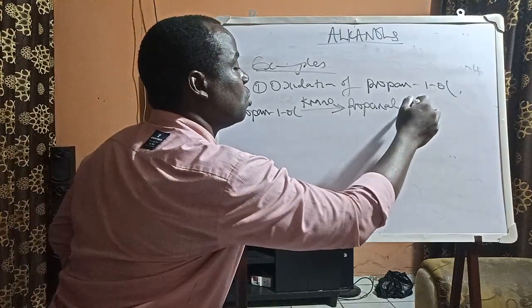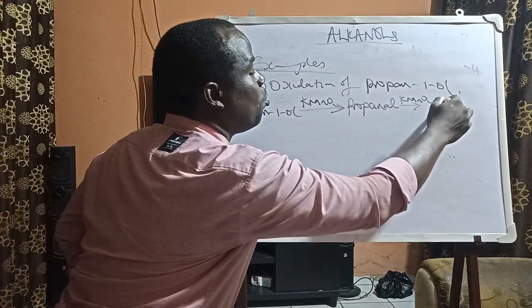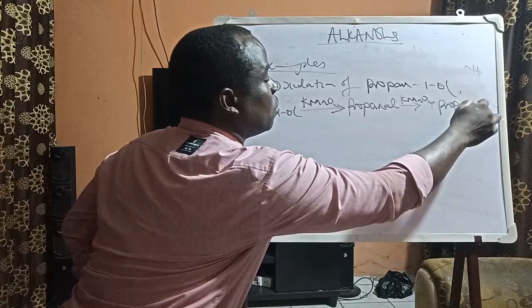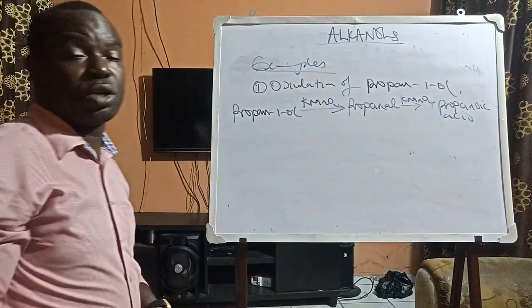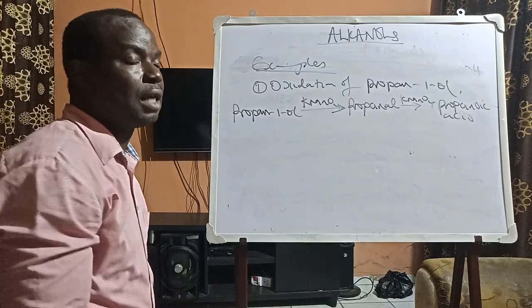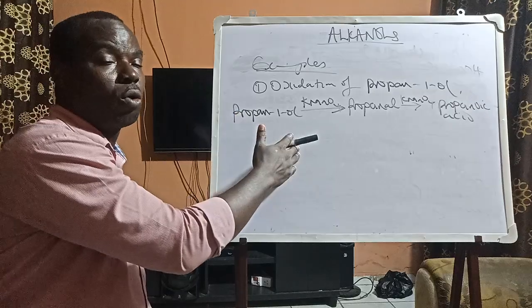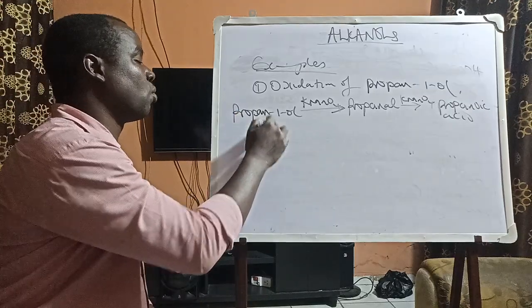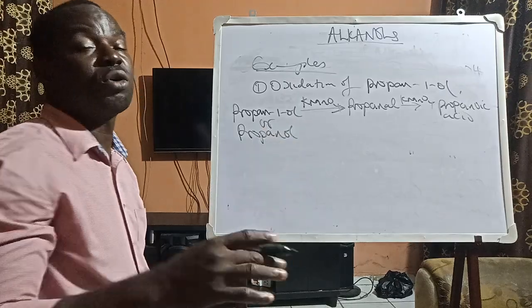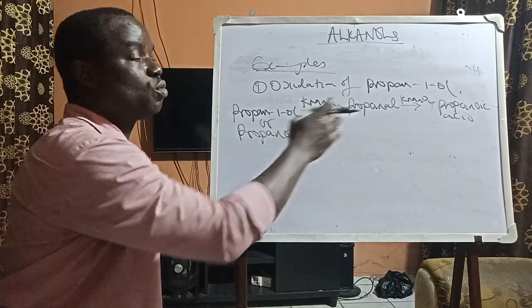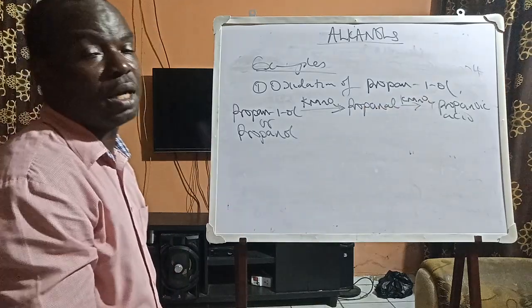Then further oxidation changes it to propanoic acid. So it's more like the other one we did, ethanoic acid. This one is propan-1-ol or propanol. You can even call this one propanol. So the ol changes to al and the al changes to oic acid.